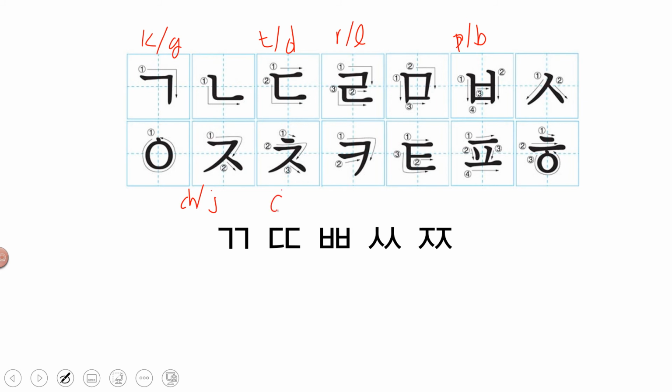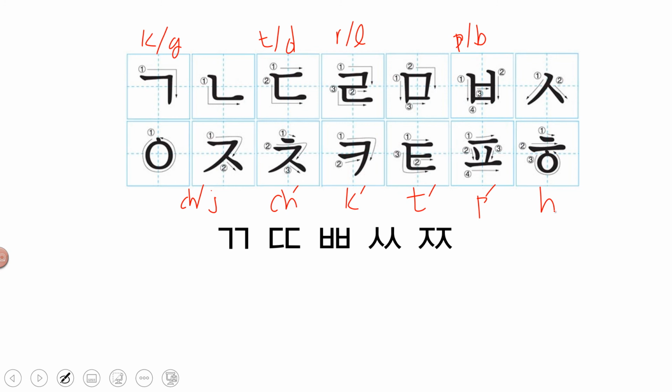And this is a CH sound, but more aspirated, so more air is coming out, a very voiceless sound. This is the same too: K with an aspirate diacritic, T with a diacritic, P with a diacritic, and H.